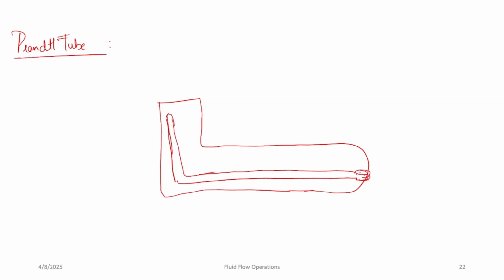Sorry for this. So you have some bulb here, and you have one more tube to measure static pressure. These are the tubes which will help in measuring the speed of the aircraft.